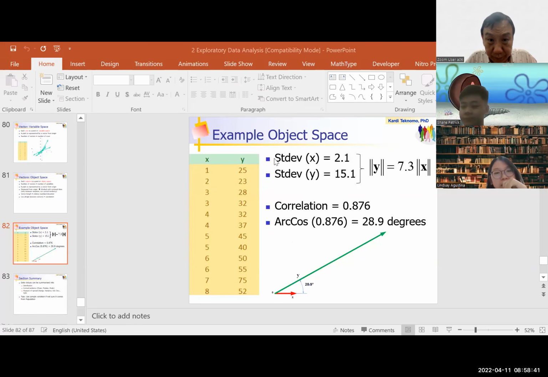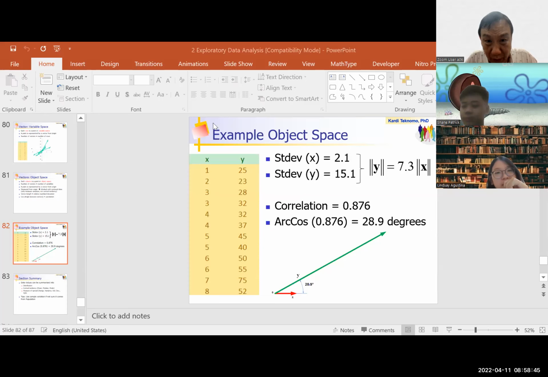Okay. If you are still confused, let's practice. Do you want to? Let's open Excel. Suppose you have data like this.